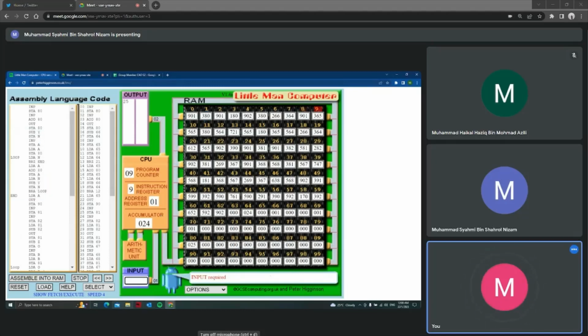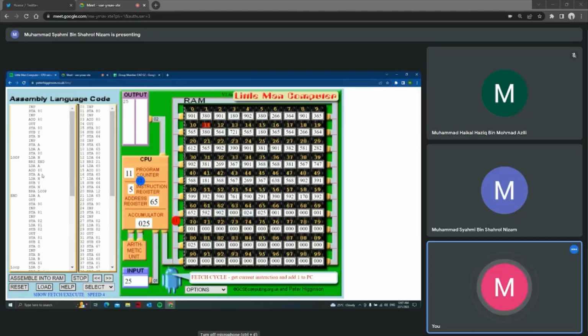The first thing we do is LDA N, which is stored at 64, and then the BRZ, basically the address in 21.